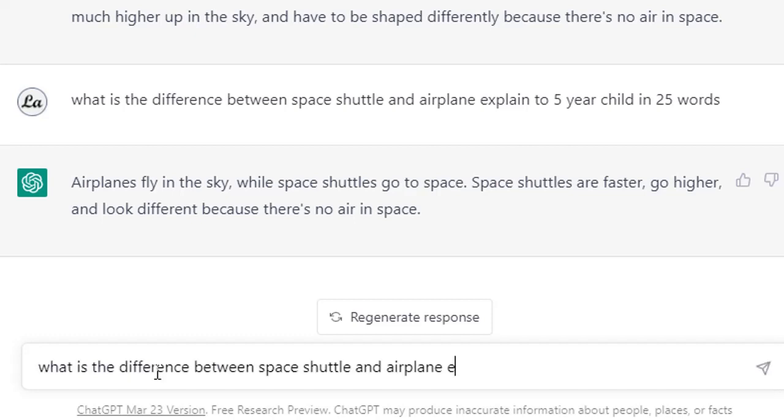So now the question is, what is the difference between the space shuttle and the aeroplane? Explain to a 5-year-old child in Hindi in 25 words.